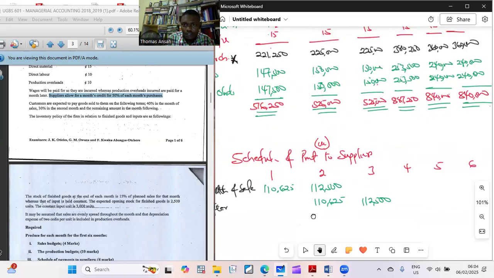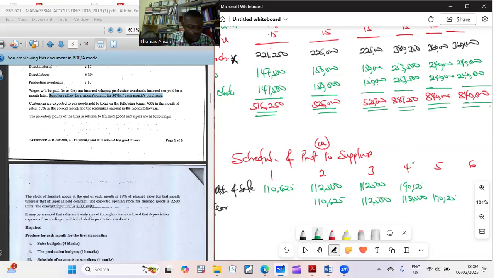Then the same thing, I think the value is the same here too, 112,500. That is 50% of this. Then the next month, 112,500. The following month is how much? 380,250. So half of that, you gave me 190,125.